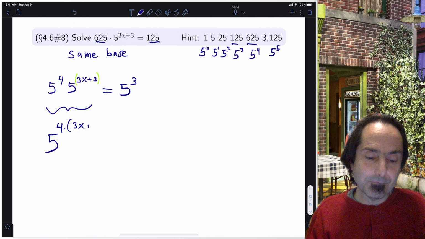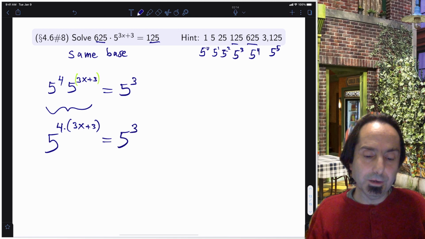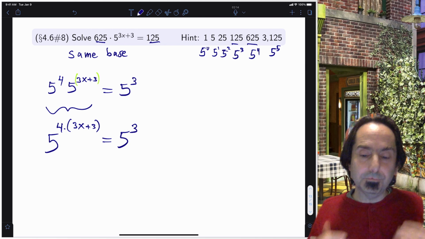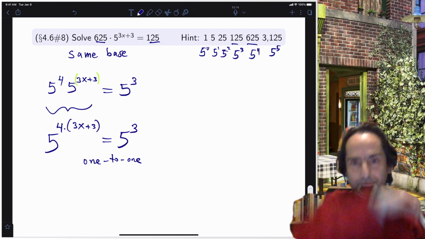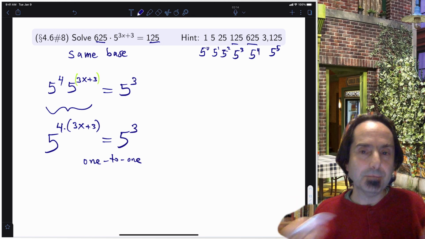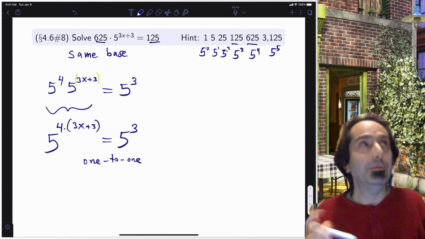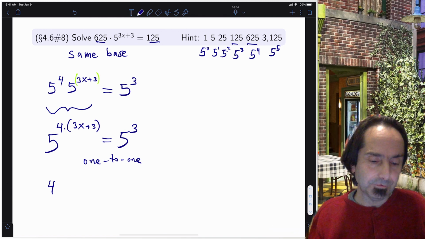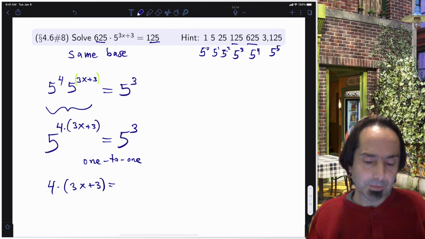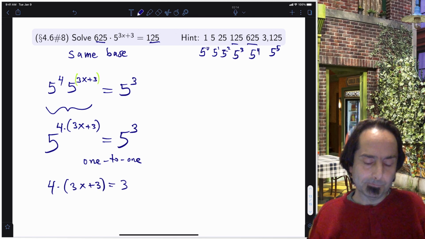It's 3x plus 3 equals 5 to the 3. And we're going to use the one-to-one property. If the exponentials are the same, the exponents are the same. But this just means that 4 times 3x plus 3 equals 3.